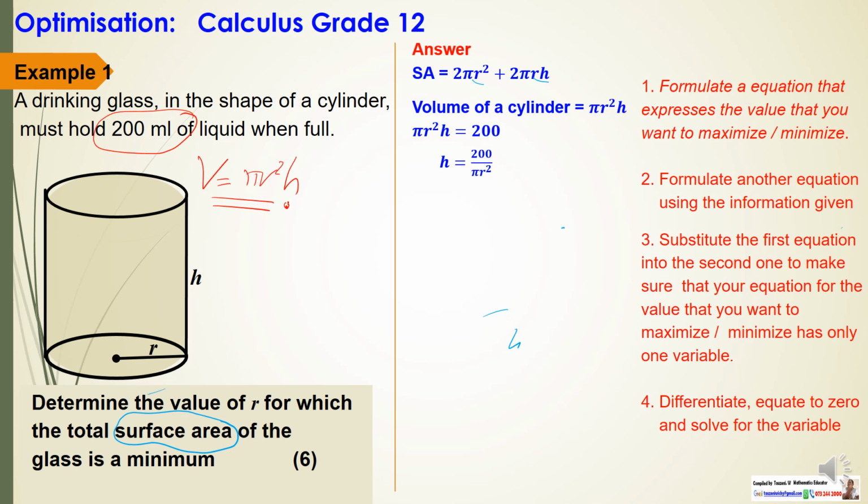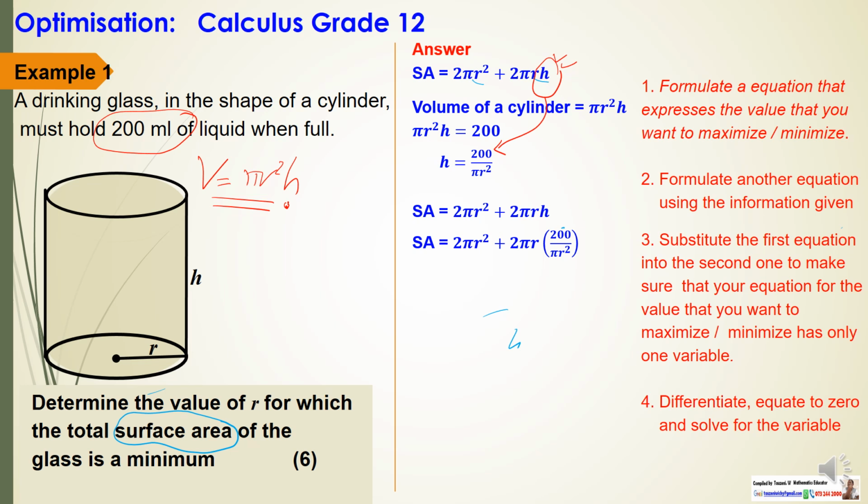Then carrying on. Now, in our first equation, the surface area has got h. So we have made h the subject of the formula here. It means we can remove h in our equation and replace it with 200 over pi r squared. Now that gives us our formula or our equation for the surface area in terms of r only.